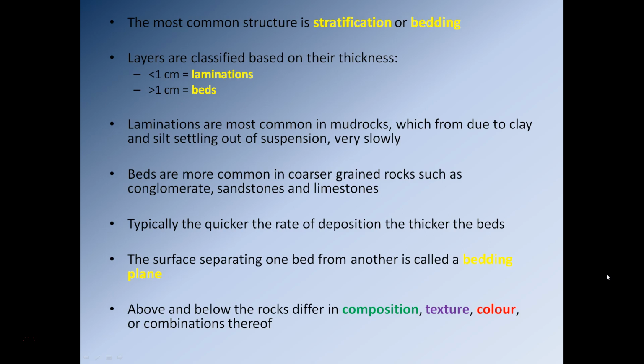They'll have different clasts in it, for instance, different fossils. There'll be some difference in texture. Maybe one layer will have ripple marks, one layer will have crossbeds, and one layer will have mud cracks. And there'll be differences in colour. Once again, differences in colour make it quite easy to distinguish between the beds.